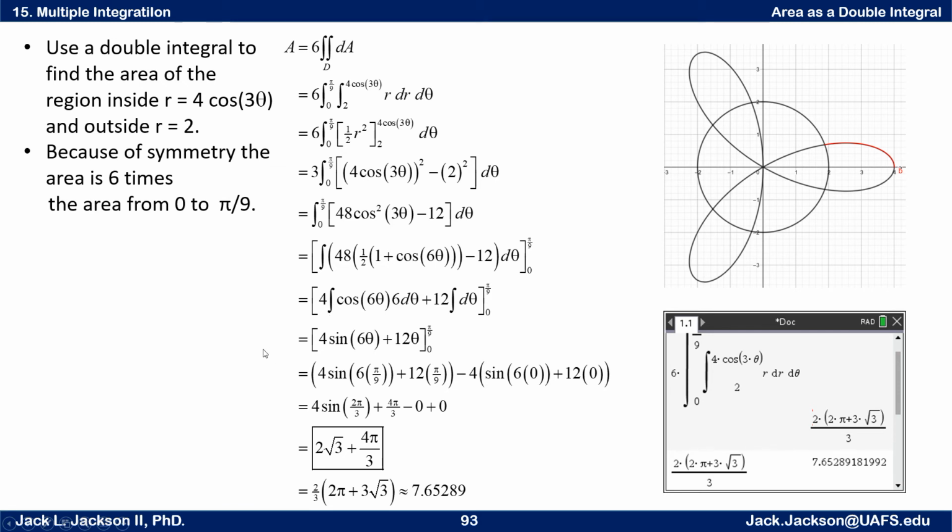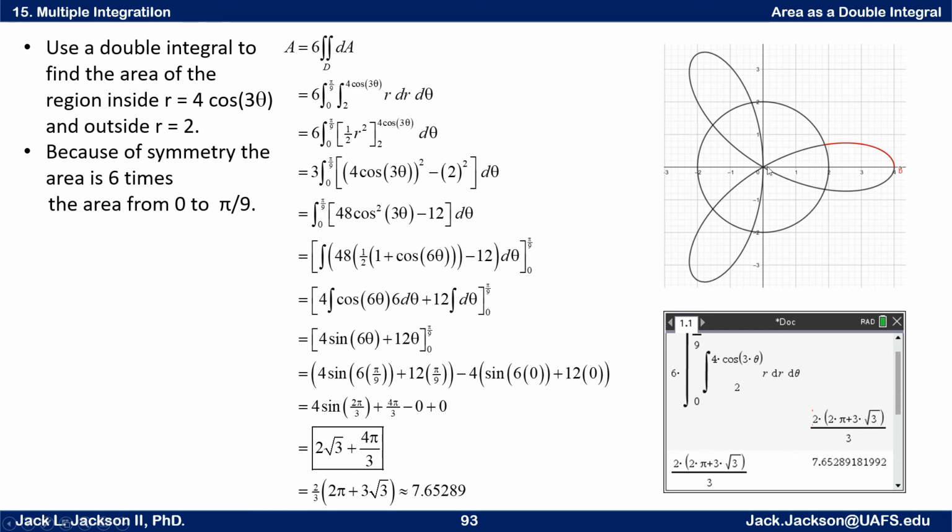Okay, so now we want to use a double integral to figure it up. The area that we're looking for is 6 times the double integral dA, where this D is not the full domain, but just this little piece. So dA is replaced by r dr d theta, and the inner integral is the limits on the r's.